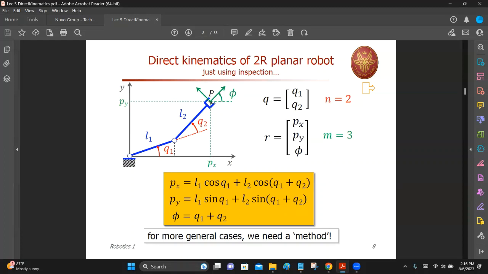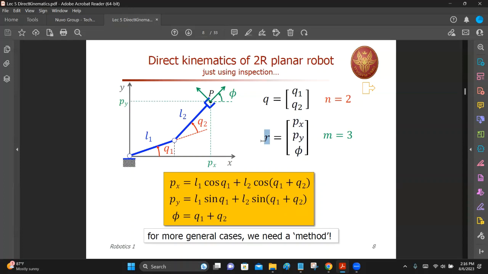Also the orientation: the end effector is looking at a certain direction, at an angle phi from the horizontal. So you can use these three coordinates, px, py, and phi, to describe the end effector. You decide what the relevant parameters are that you assemble together in this vector R in order to describe the end effector in Cartesian space.